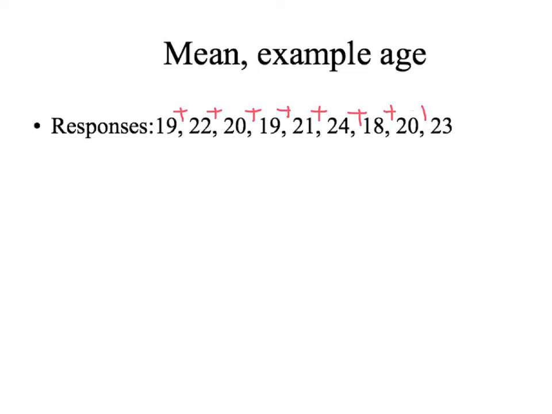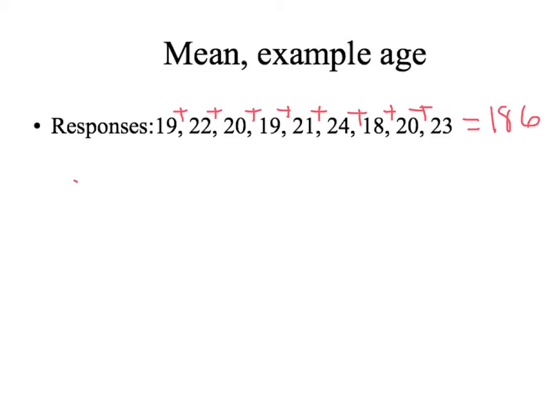If I add all of those up, 19, 24, 18, plus 20, plus 23, you're going to end up with 186 as your total.